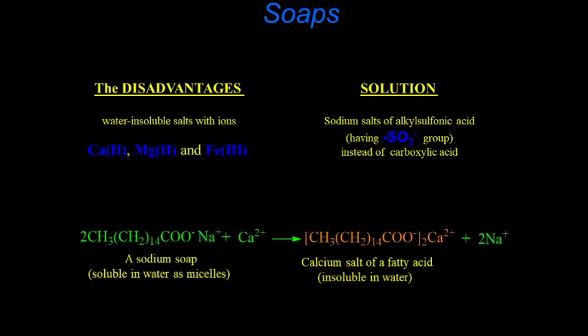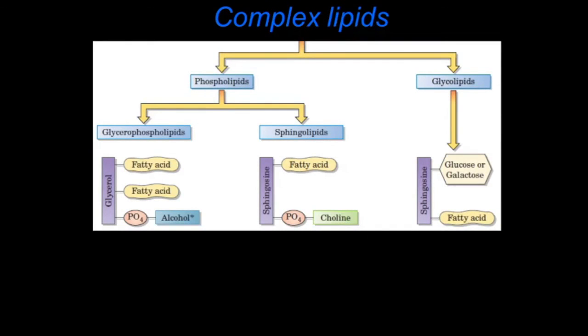From the chemical point of view, they differ just by the functional group: carboxylic group in fatty acids and sulfonic group in these detergents.